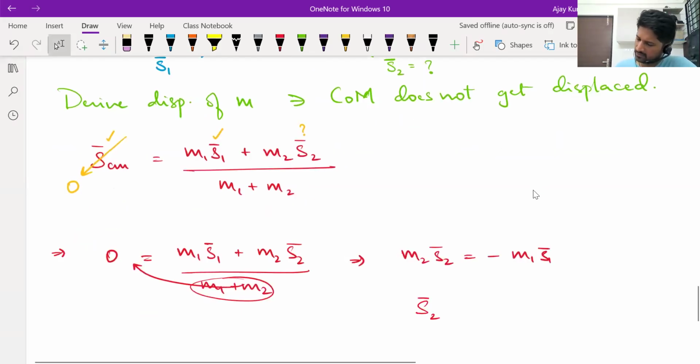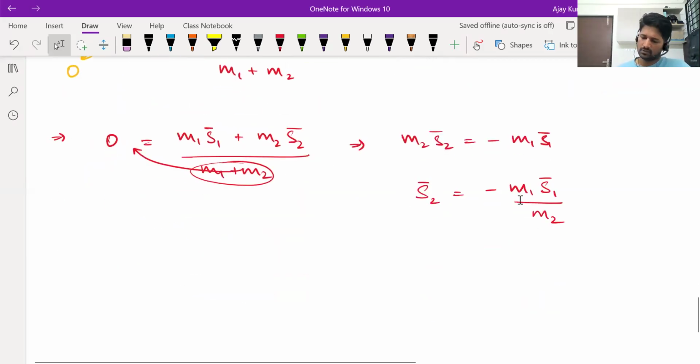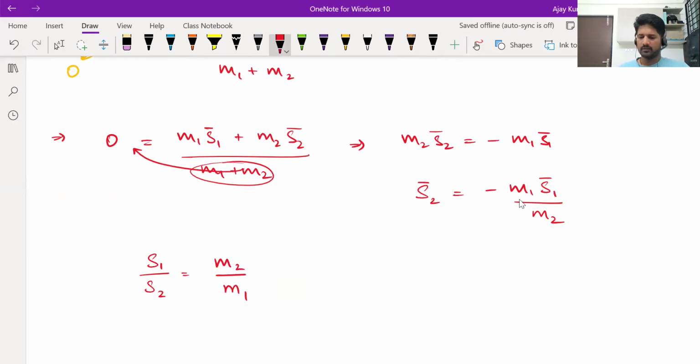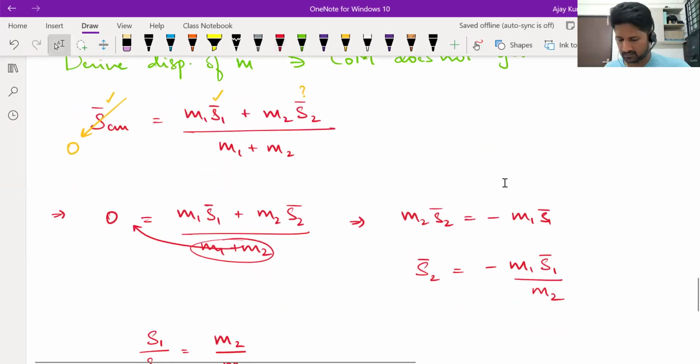So displacement of the second particle is minus M1S1 by M2. Okay. You can also write it like this. Displacement of first particle divided by displacement of second particle, S1 by S2, will be M2 by M1. Okay, this is another interesting result.